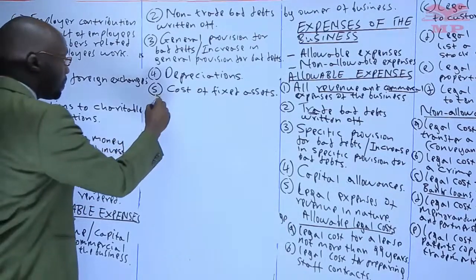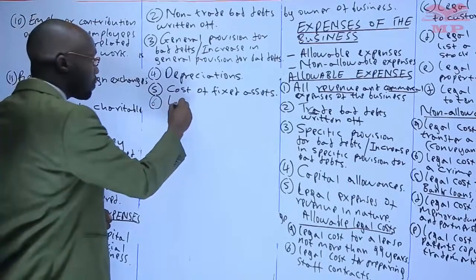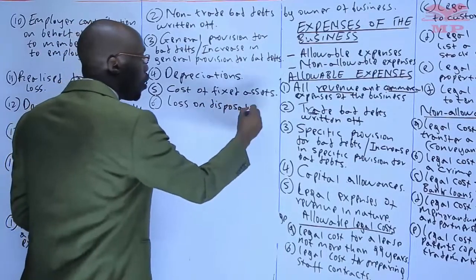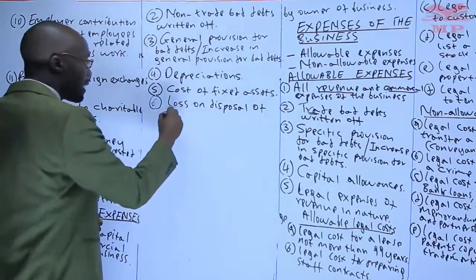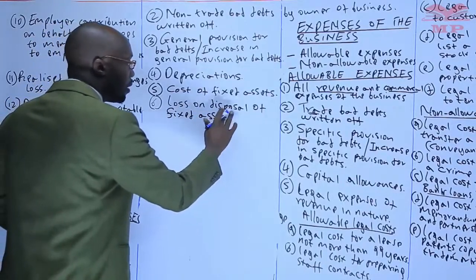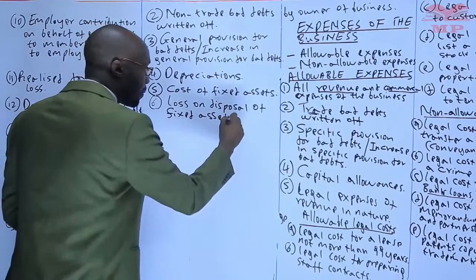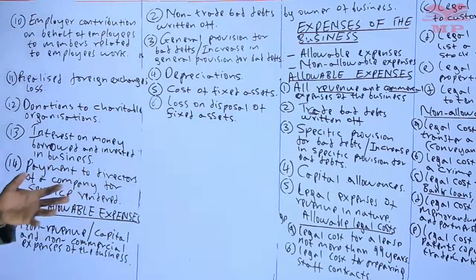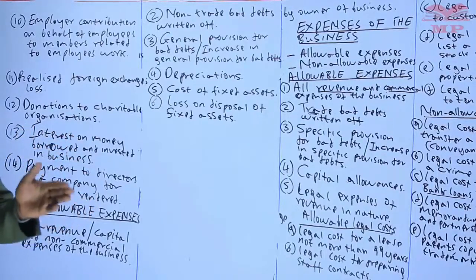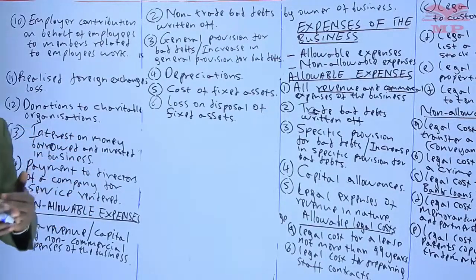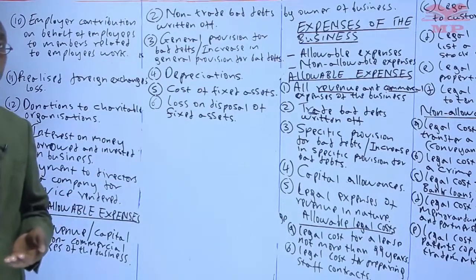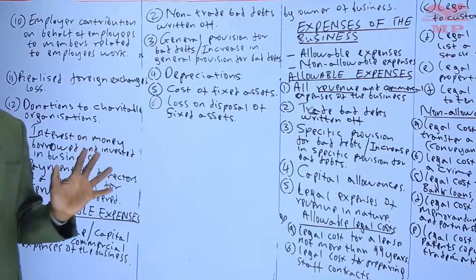Number 6, we have loss on disposal of fixed assets. When you dispose your fixed asset, like if you have motor vehicle or furniture as your fixed assets, and you dispose them in the course of your business, if you generate a loss, it's usually non-allowable.